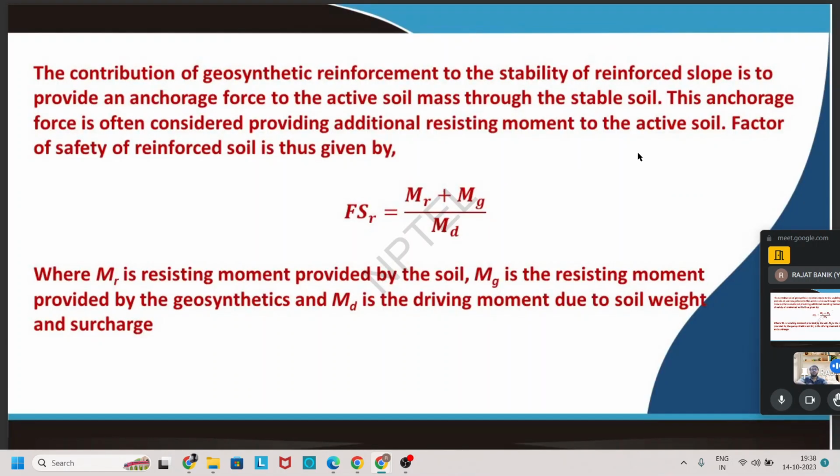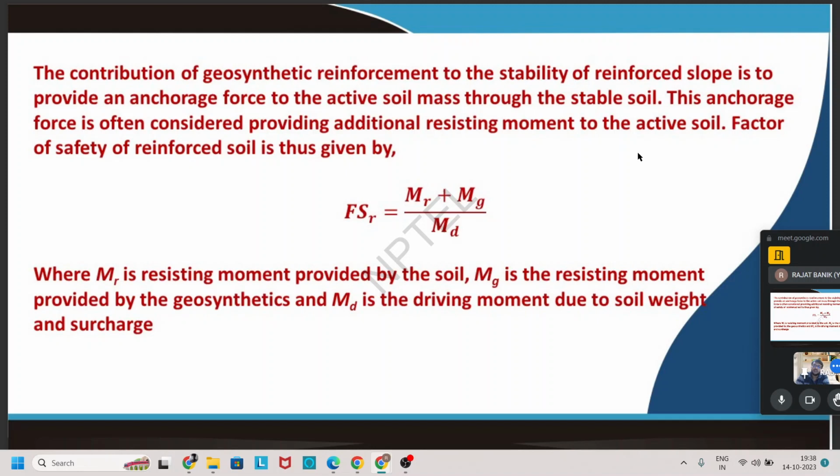The contribution of the geosynthetic reinforcement to the stability of the reinforced slope is to provide an anchorage force to the active soil mass through the stable soil. The anchorage force is often considered as providing additional resisting moment to the active soil.